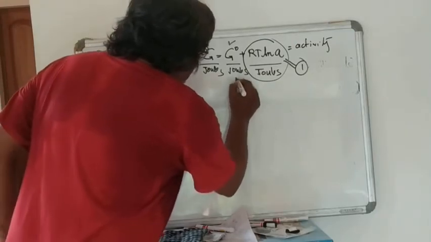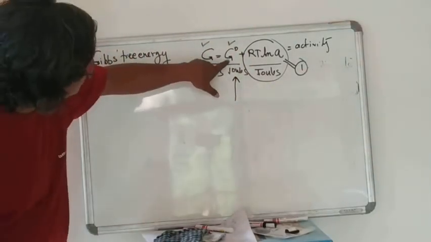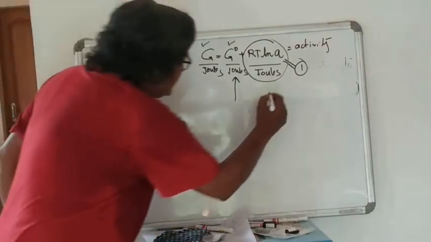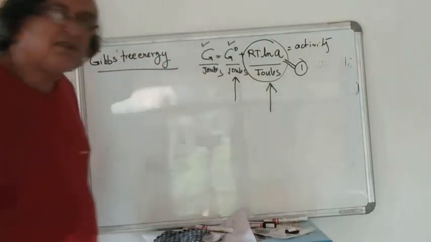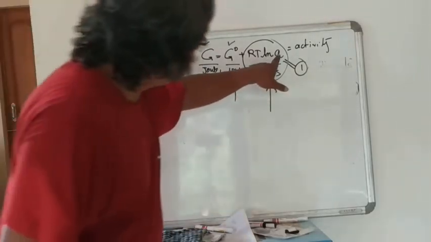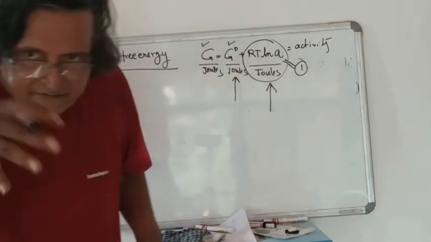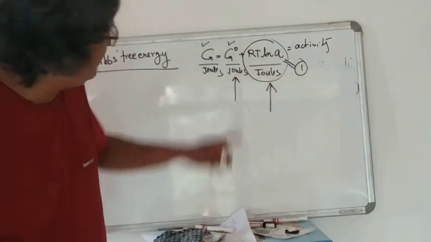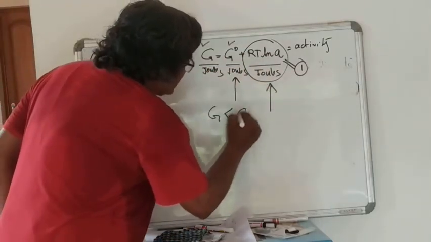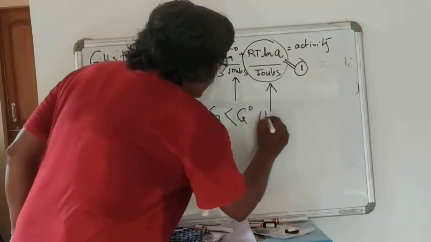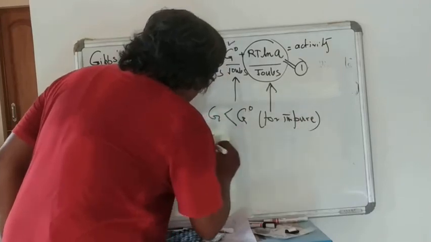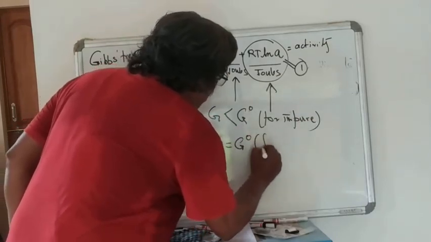One is this part, the free energy contribution of the pure phase. And this one is the free energy component of impurity. If activity is less than 1, that means the phase is not pure, so this term is negative. That means G is less than G0 for an impure phase, but G is equal to G0 for a pure phase.